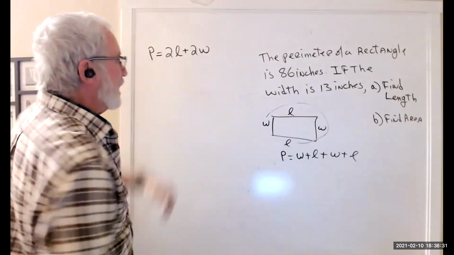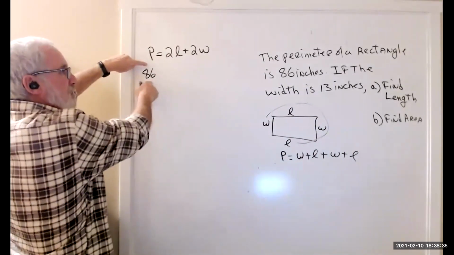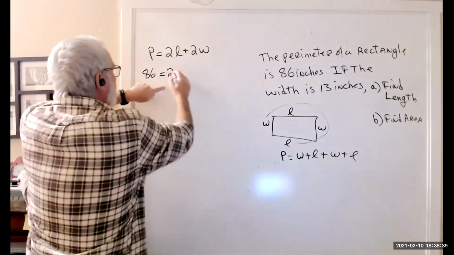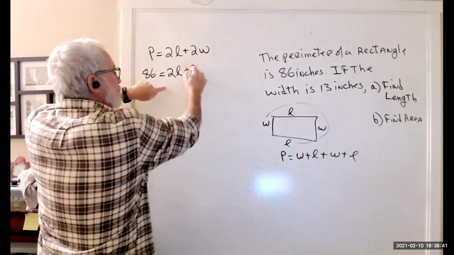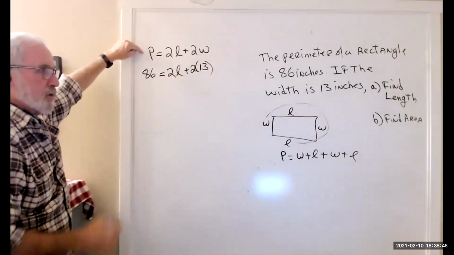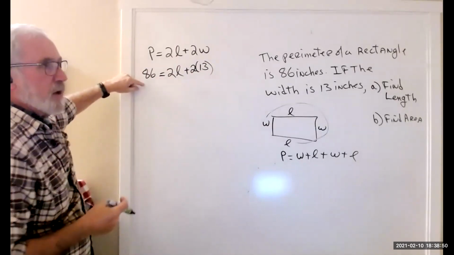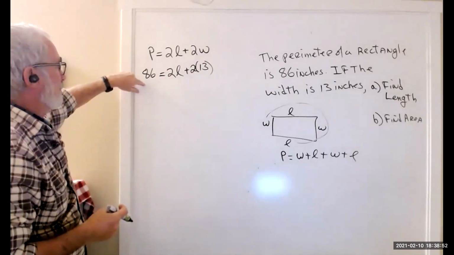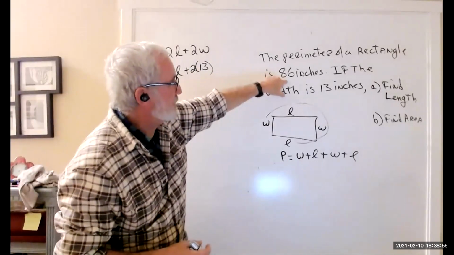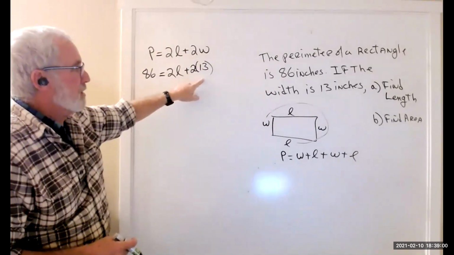So what can I plug in? Well, I know the P is 86, equals 2 times L plus 2 times 13. This is the plug-in step. You start with the formula and you plug in everything you have. 86 was the perimeter, and it told me the width was 13, so I plugged that in.